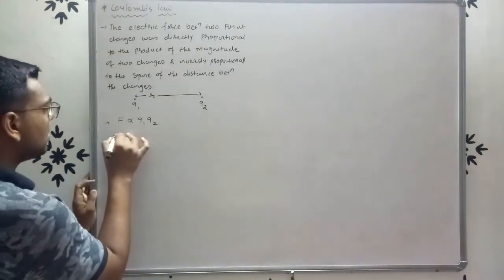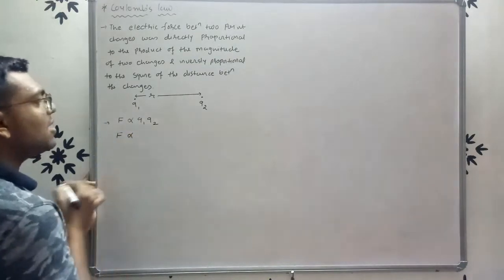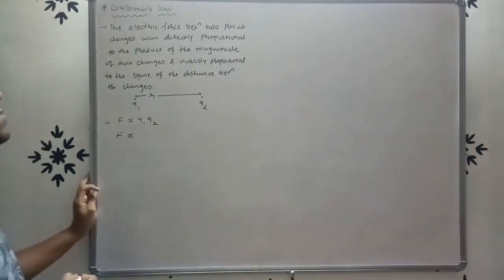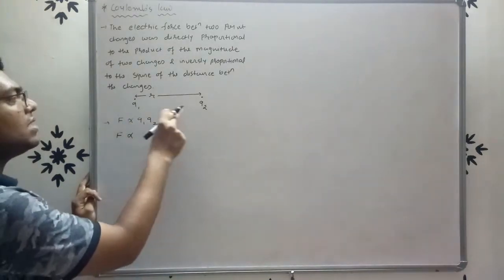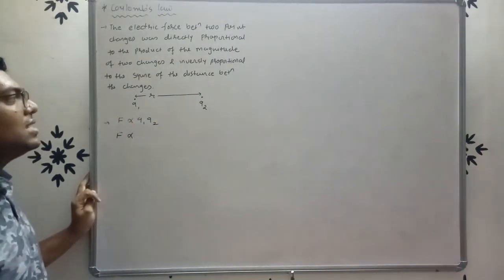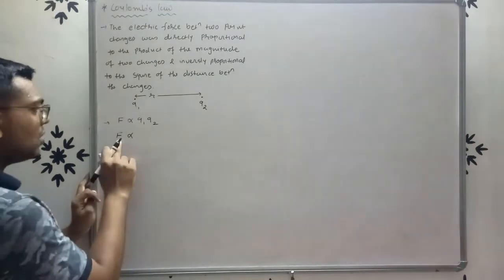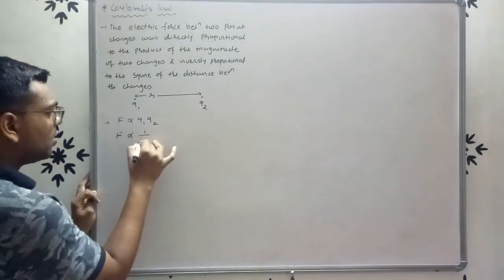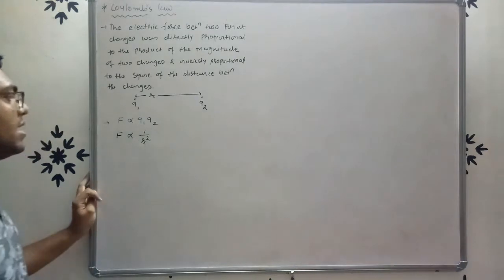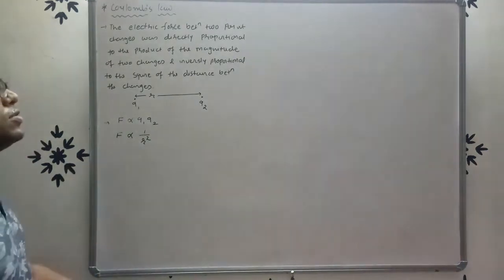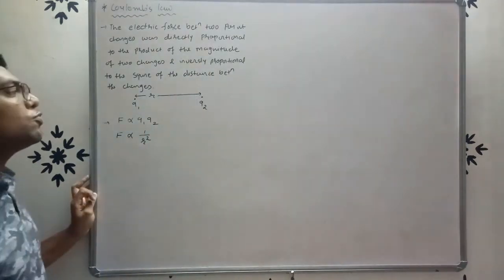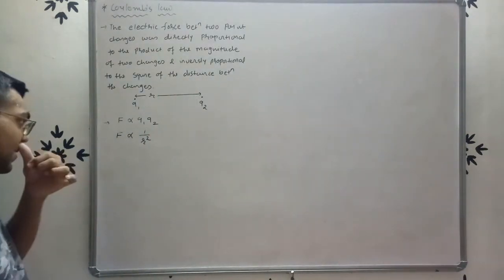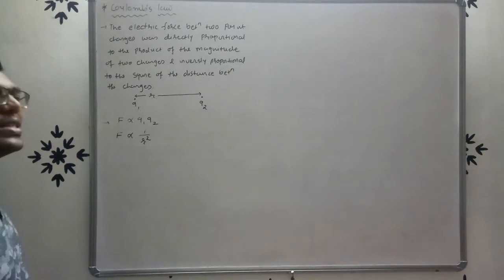Again, the force is inversely proportional to the square of the distance between the charges. Here the distance between the charges is R. So F is proportional to 1 upon R square. According to the statement, the force is inversely proportional to the square of the distance between the charges.